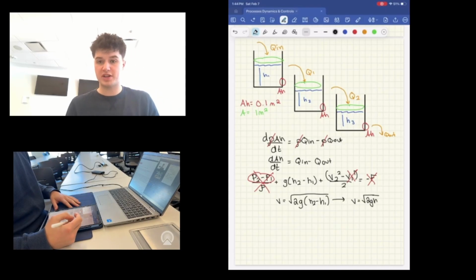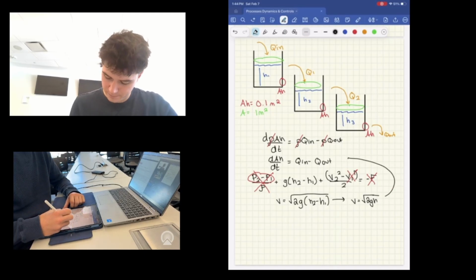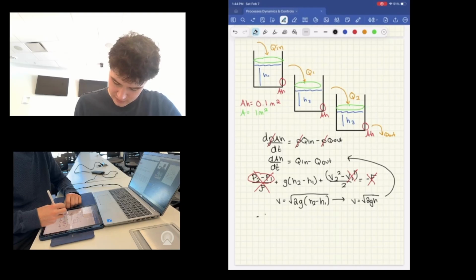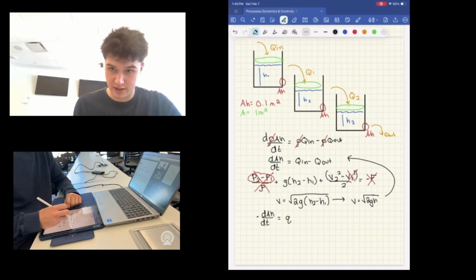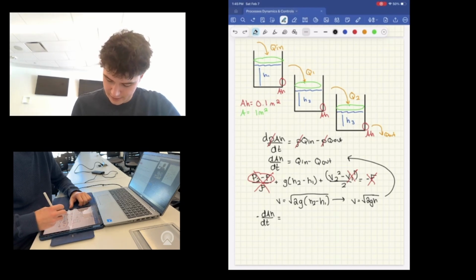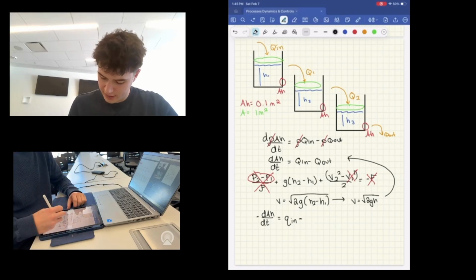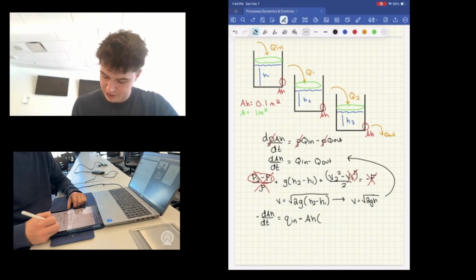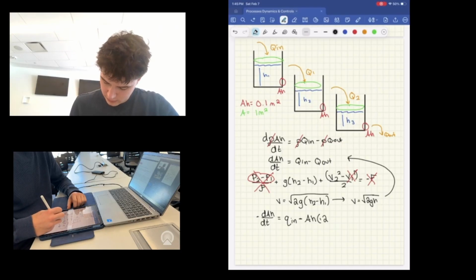Okay, now when we want to sub this V into this equation up here, we then get negative d(Ah)/dt equals... I noticed I'd made these capital Q's up here. They're meant to be lowercase q's, so I'm going to adjust that now. So this will be qn minus AH times this V that we just subbed in, which is going to be the square root of 2gH, or (2gH) to the 1/2.